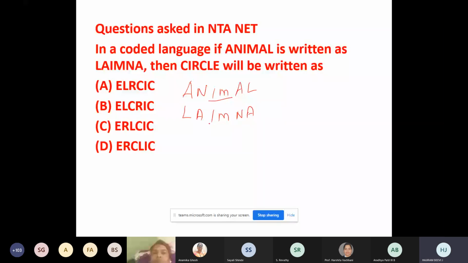The only change is that the first letters move to the end in reverse order. So AN means it is NA, AL means it is LA. So limna. Likewise we have to write circle. Keep the third and fourth letters as they are. Then change CI as IC, LE as EL. So the answer is ELRCIC.